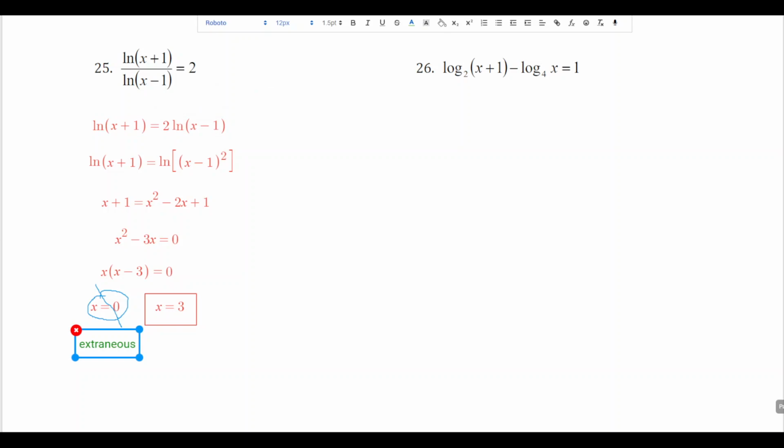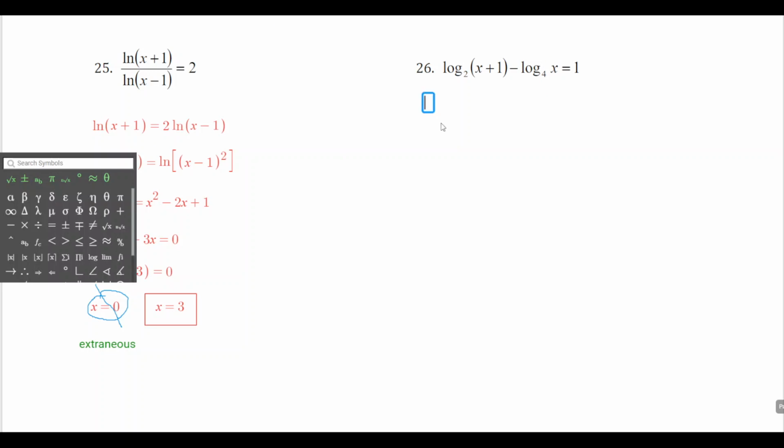For number 26, what you have to notice before you get started is you do not have the same base. So we're going to have to do a little base conversion on this one. A little tricky, so just be careful you don't fall into the trap of assuming you always have the same base. You got to keep an eye out for that.